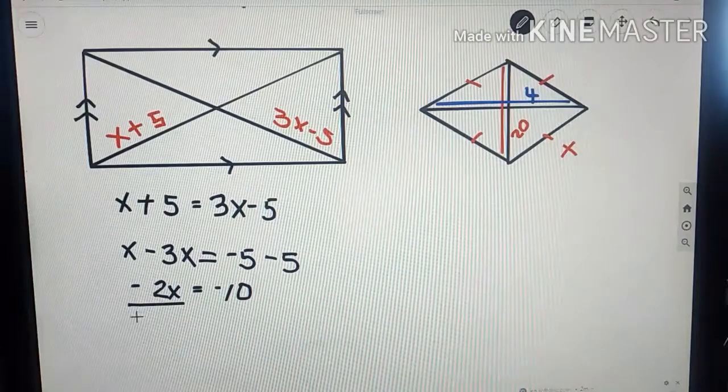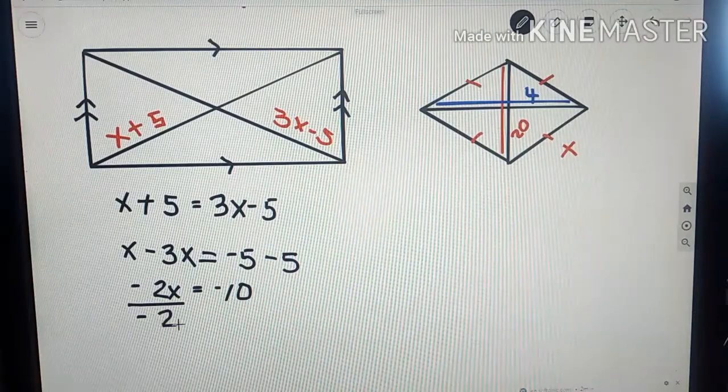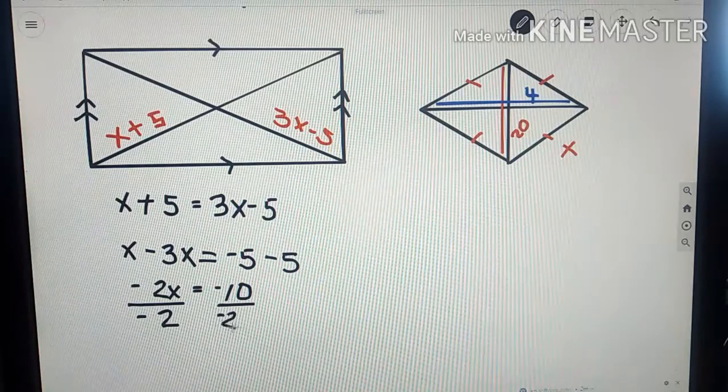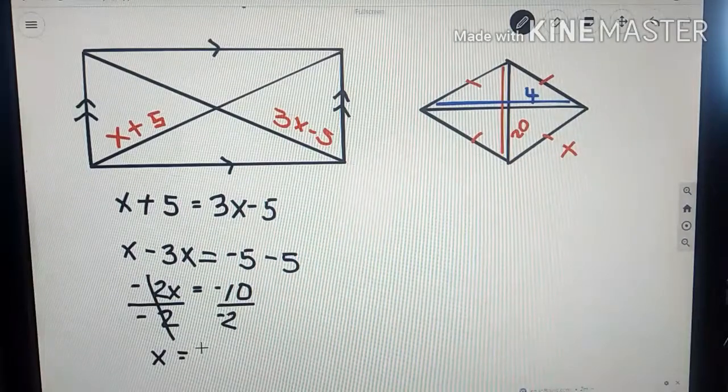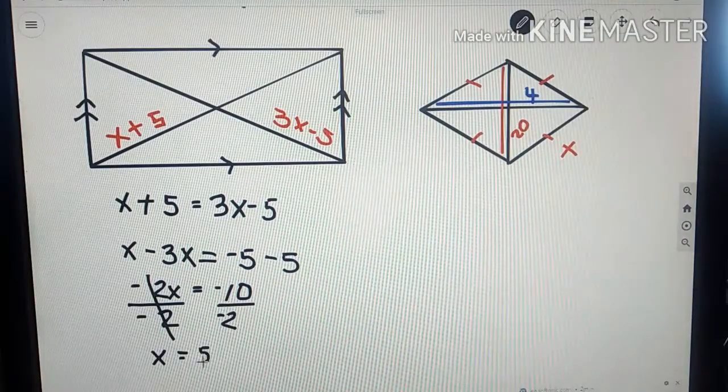Calculate. Cancellation. x is equal to positive 5.